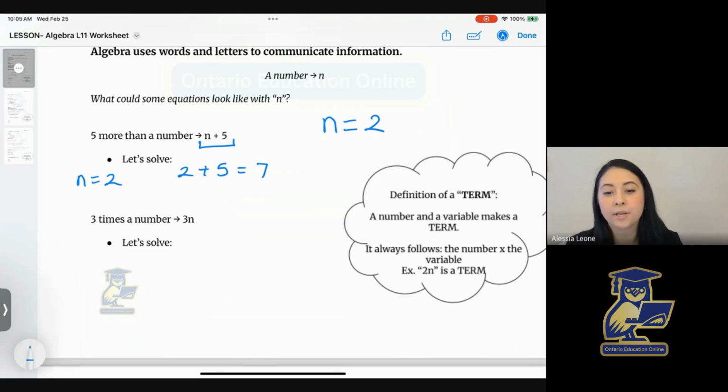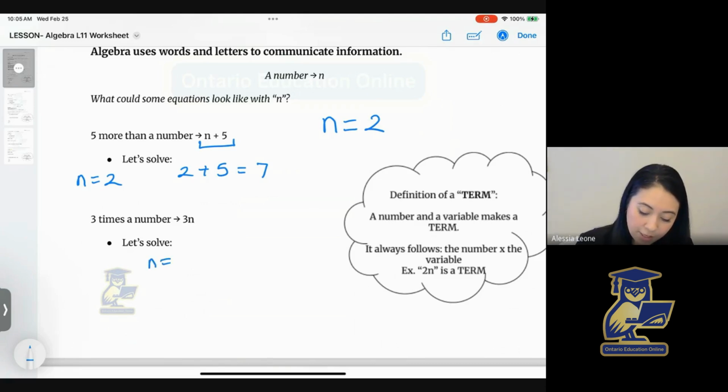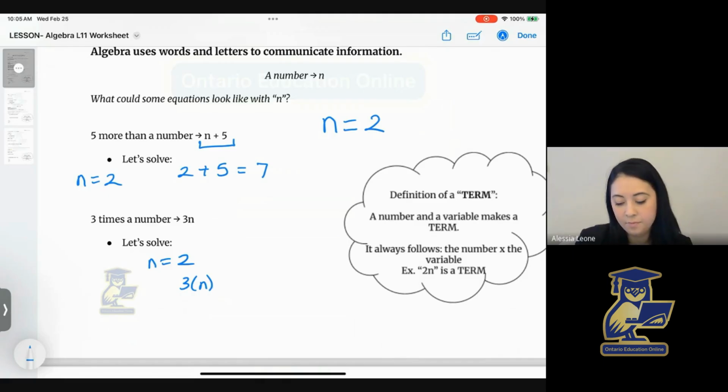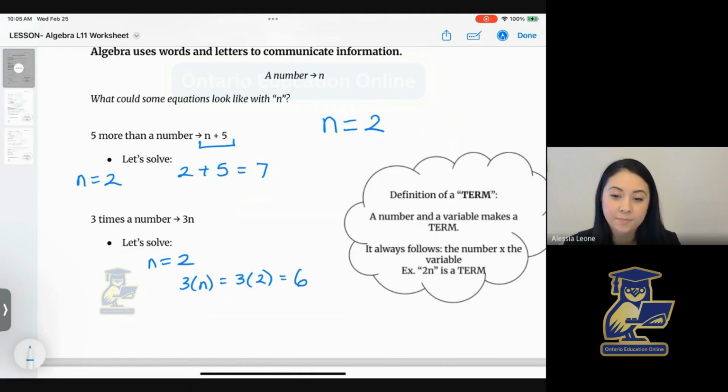And that's with N being 2. With N being 2 over here, 3 times a number, we have 3 times N. So that changes to 3. And then we put in our number, 2. And that is 6.